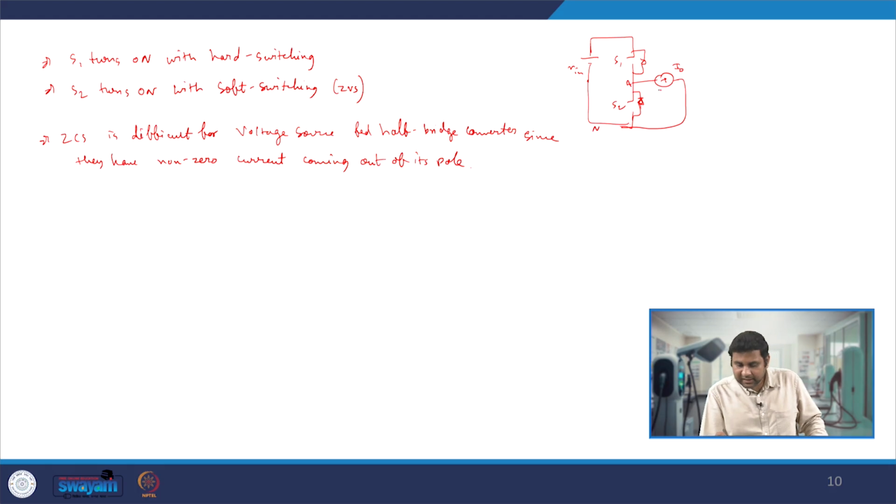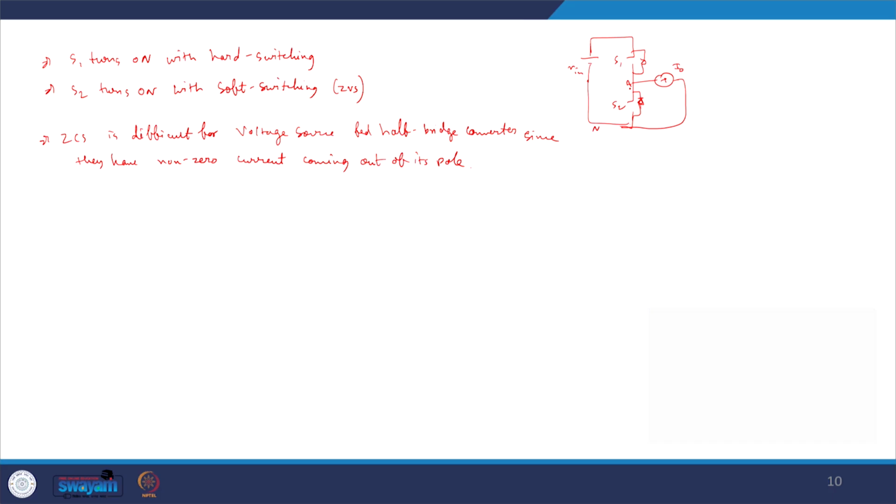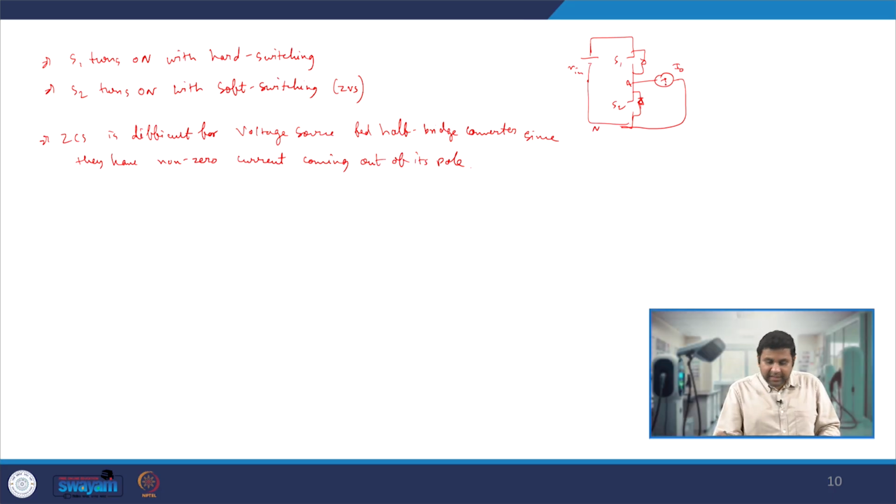If the current direction is reversed, we see the vice versa case: S1 goes to soft switching while S2 is hard switched when turned on. So it depends upon the direction of the current coming out of the source.